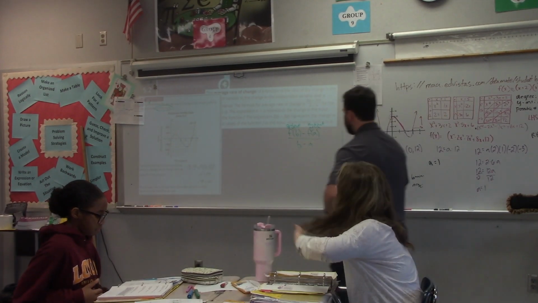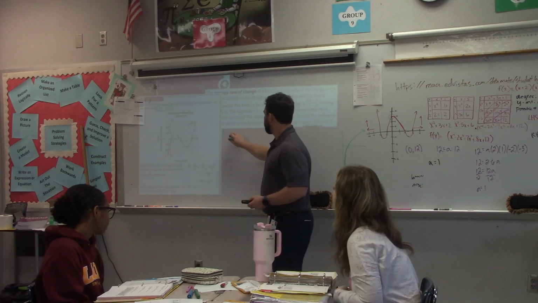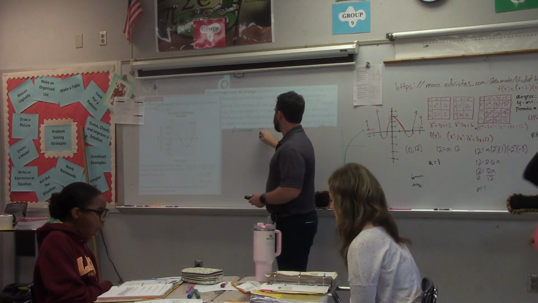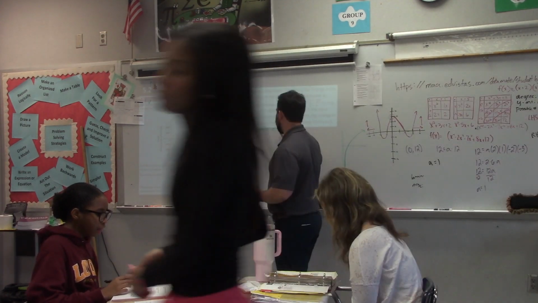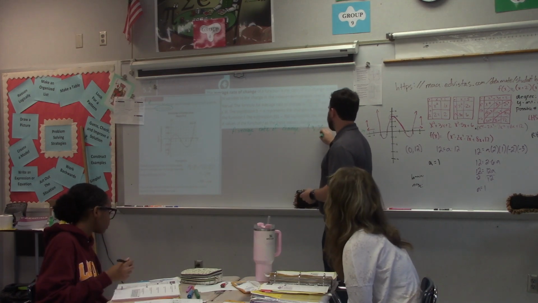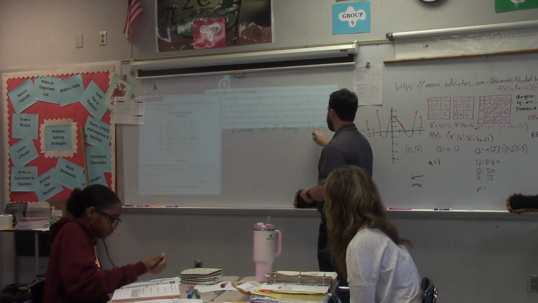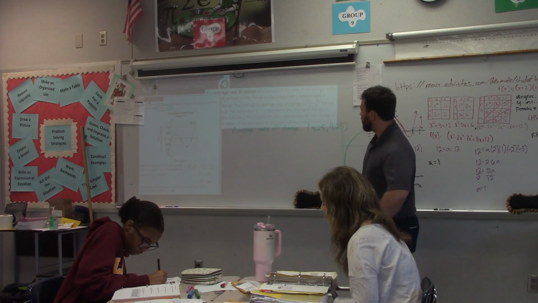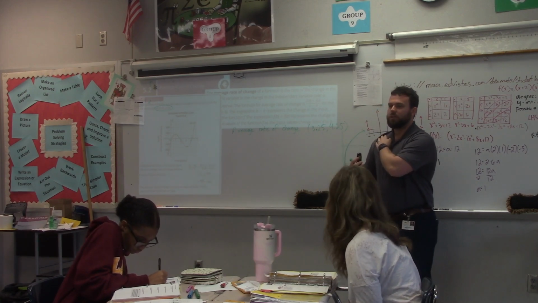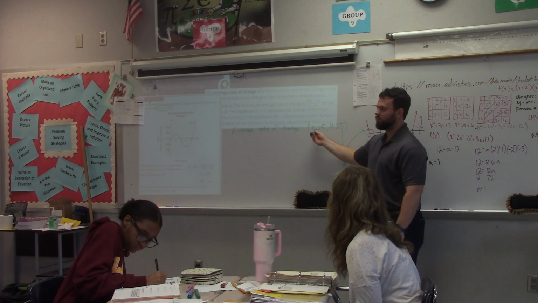Okay, so what we want is the average rate of change for this function on the interval 3.25, comma 4.25. So notice this is my interval that I want to find that average rate of change over. So 3.25, is that going to be my A or my B?